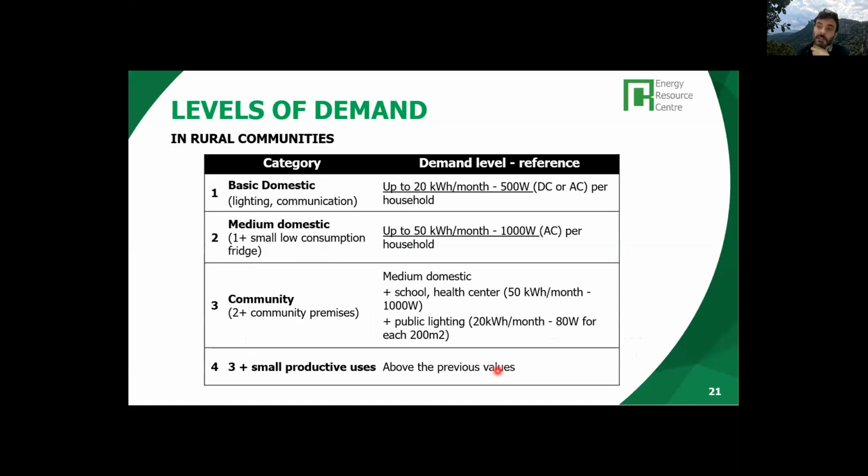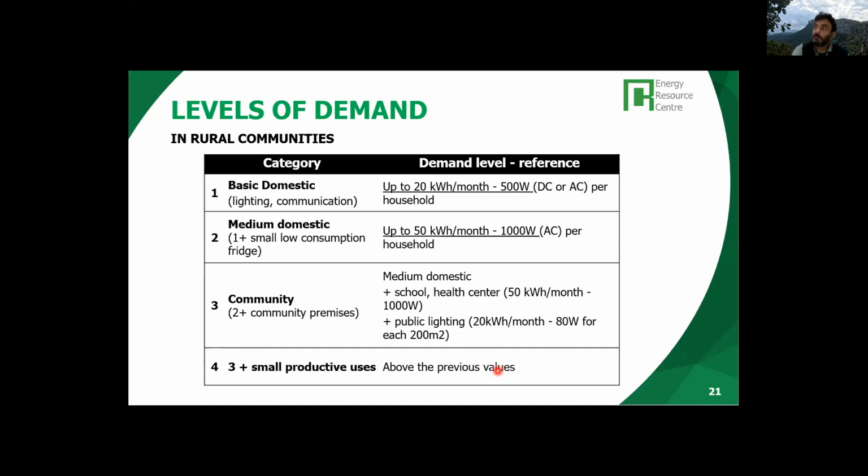Some references that I can give you: typically, when we refer to basic consumption, we are in the range of up to 20 kilowatt hours per month and below 500 watts of power demand. For the medium domestic category, we can have up to 50 kilowatt hours per month and 1000 watts demand.